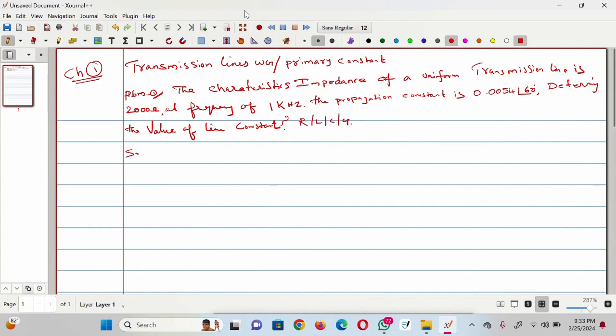So, solution. What are the given data? First of all we have to write the given data available. The characteristic impedance Z0 is given as 2000 ohms. Then frequency equals 1 kilohertz.